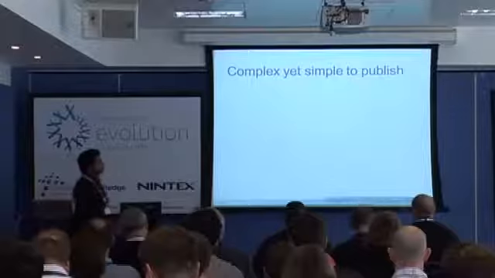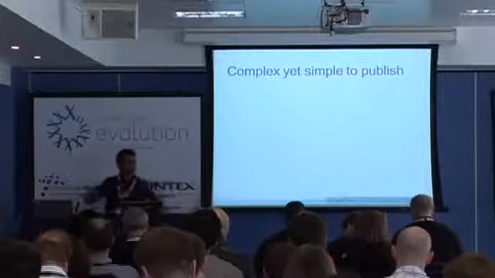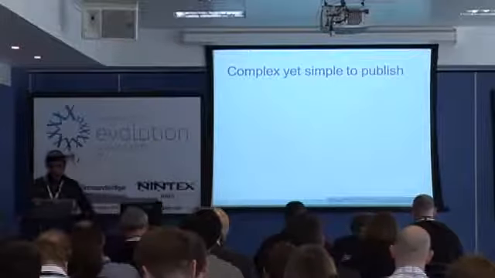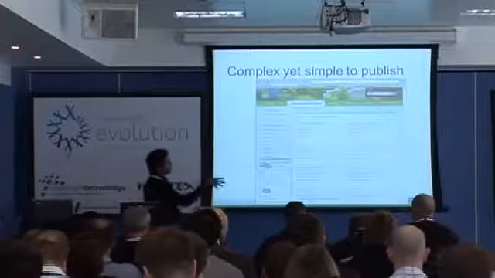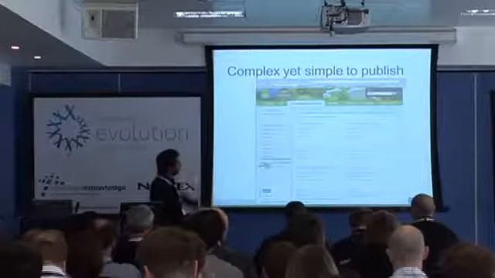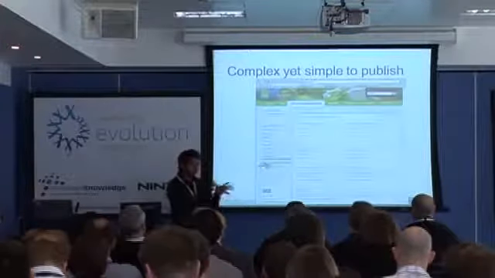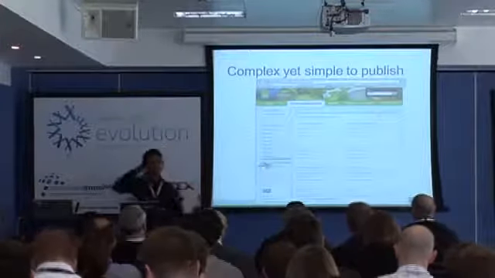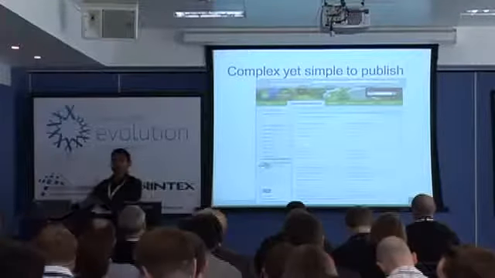So there was a lot of complex functionality built into the system, but it was easy for people to publish. So for example, this how-to and policies area has a lot of these things where, once you put in a particular single piece of content, you could tag it or apply metadata to it so that you can look at it in different dimensions or different ways.